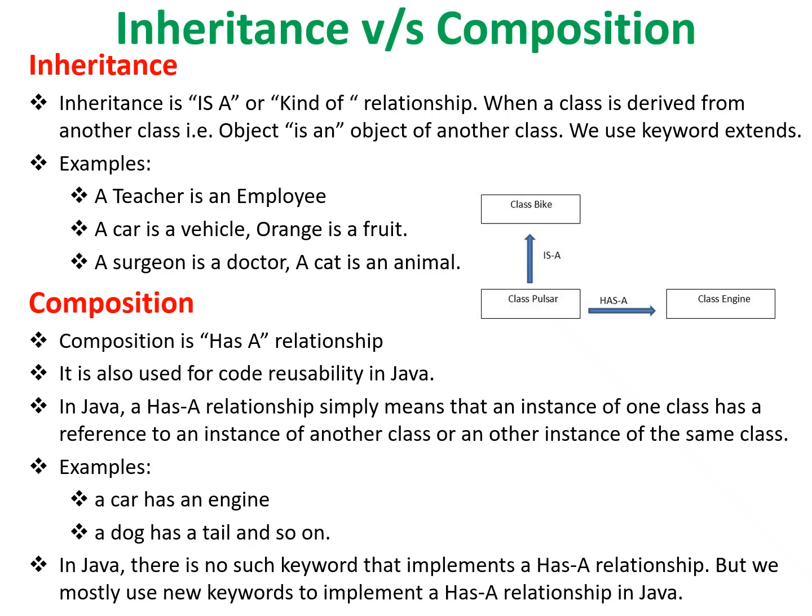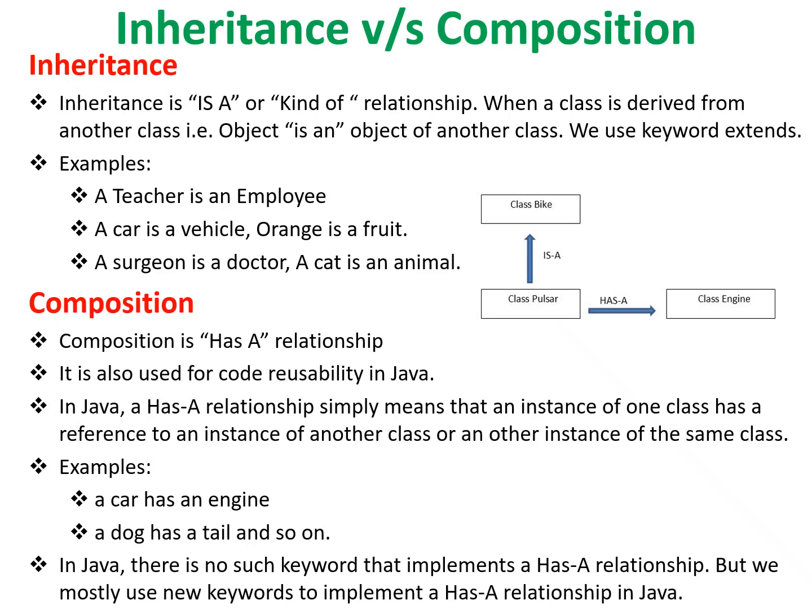Composition. Composition is a has-a relationship. It is also used for code reusability in Java. In Java, a has-a relationship simply means that an instance of one class has a reference to an instance of another class or another instance of the same class.